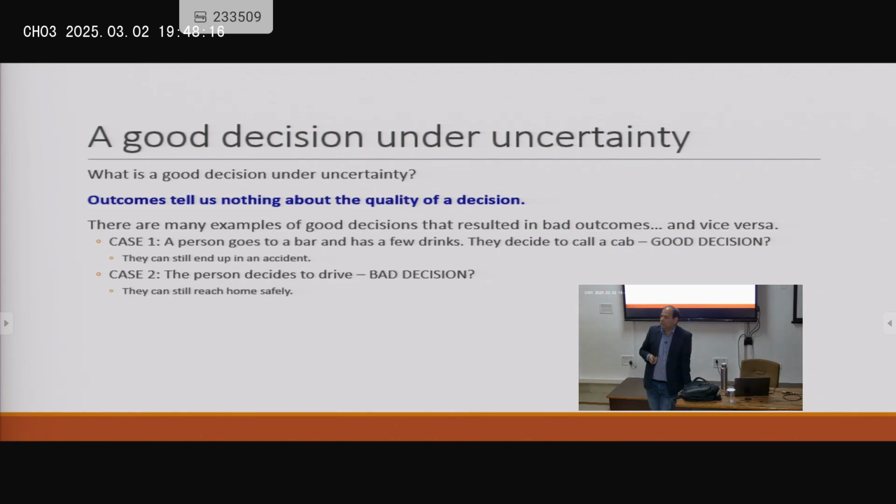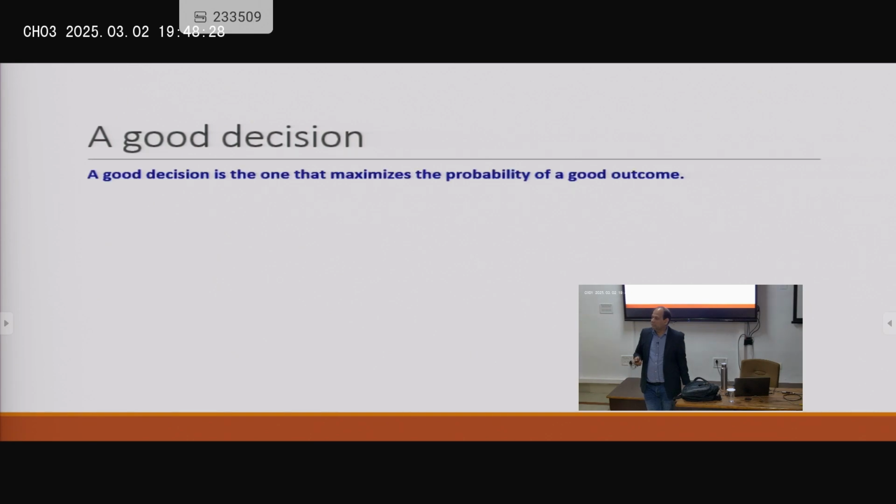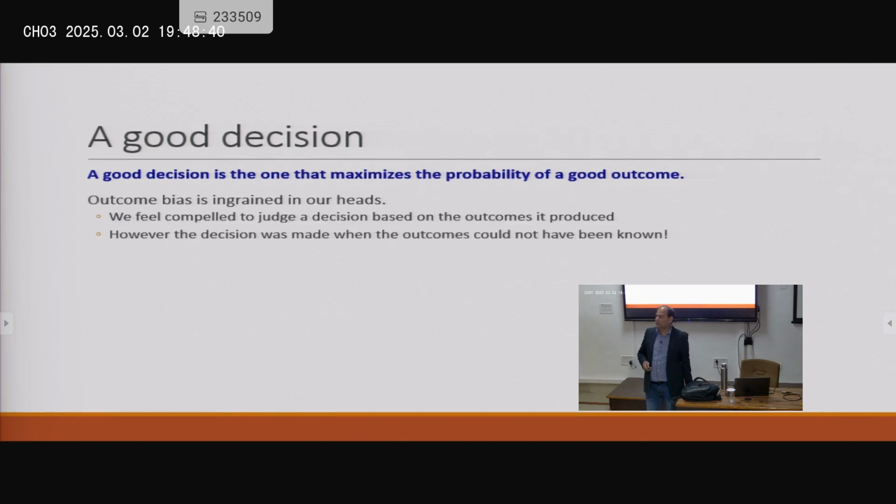Decision was already made. So we judge decisions when they were made based on the knowledge that you have now. Okay? And when a decision is made that maximizes the probability of a good outcome, then you have essentially made a good decision based on your current state of knowledge, right?